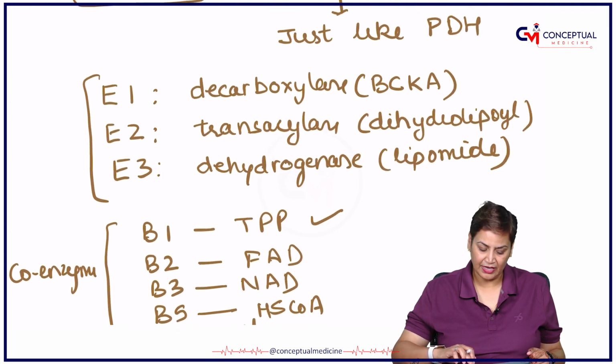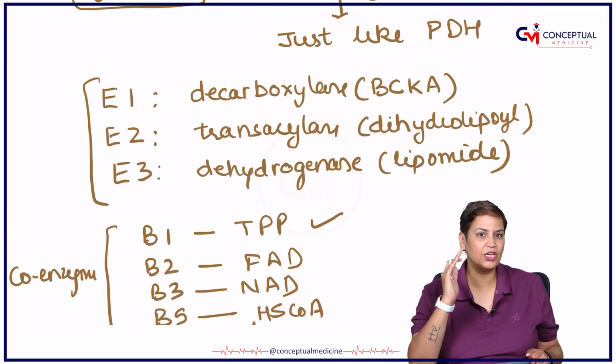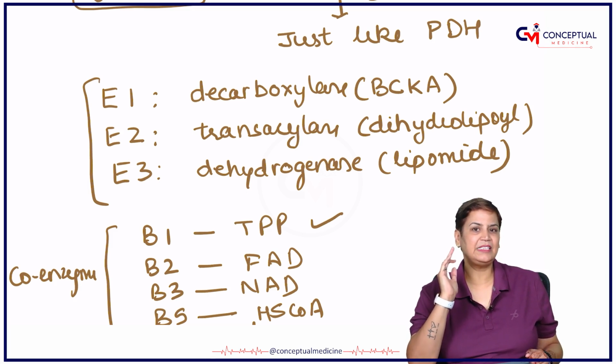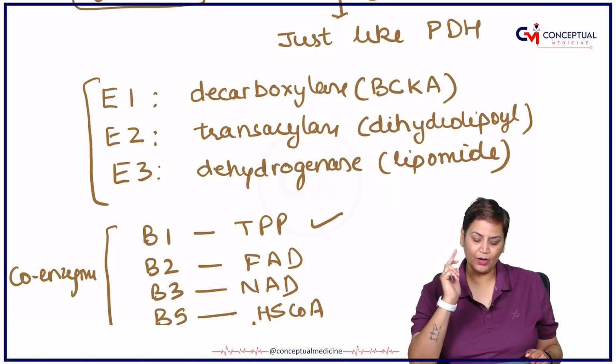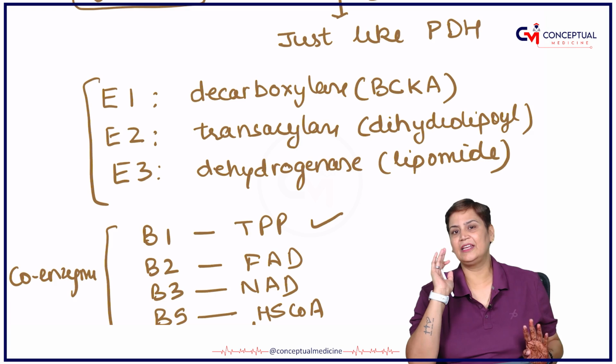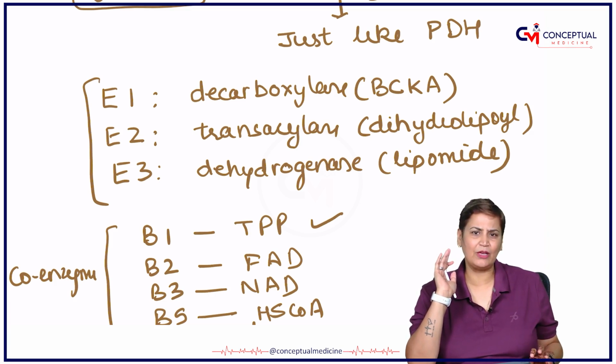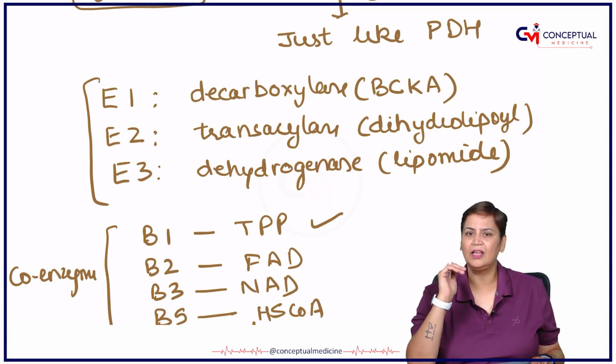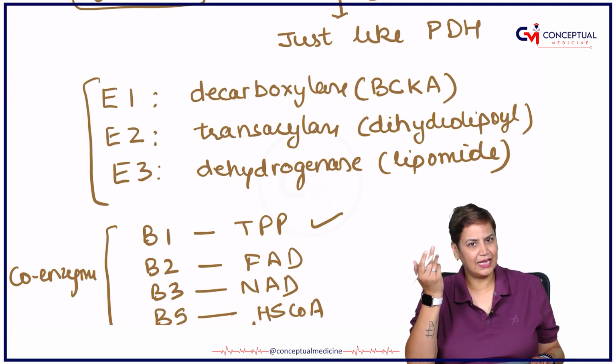And this is very, very important: the structure of the BCKD enzyme. Always remember, BCKD enzyme is an example of multi-enzyme complex. Multi-enzyme complex means it resembles pyruvate dehydrogenase in structure. How? It has three enzymes, E1, E2, E3, three subunits.